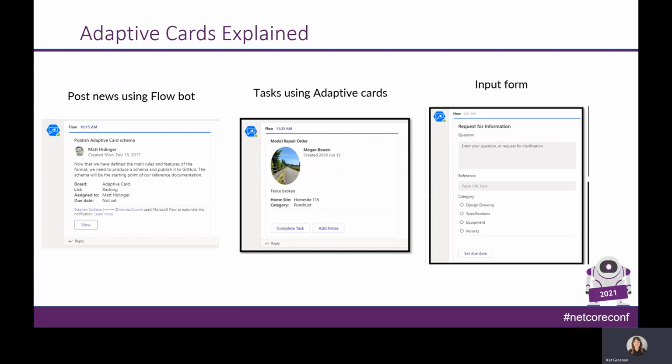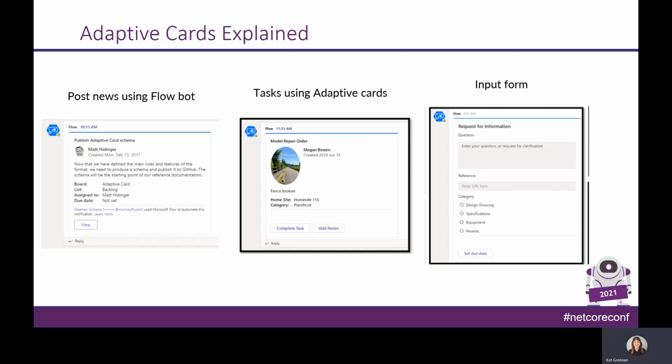They can click on that button to view, and it will open up that news article wherever it is. So what we're doing in the first adaptive card is posting news, and really all that's doing is surfacing information to the user and giving them the option to go somewhere else for the information.